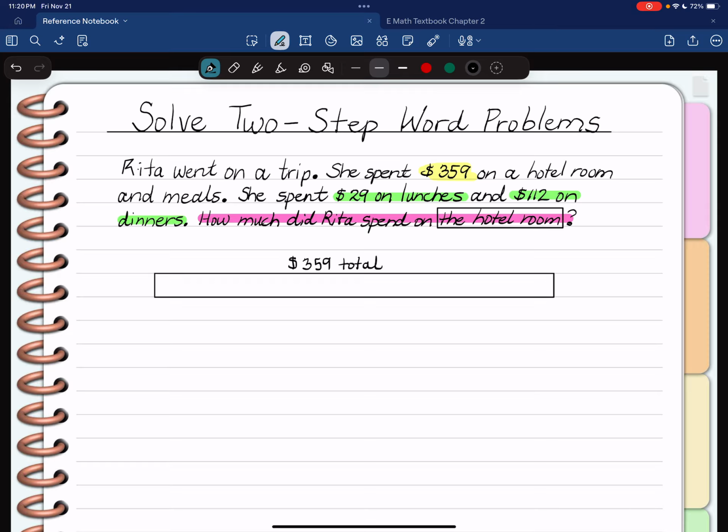She had lunch, dinner, and the room. So lunch was a little part. Lunch was $29, or lunches. Dinner was quite a bit more. That was $112. And this unknown part is the hotel room.